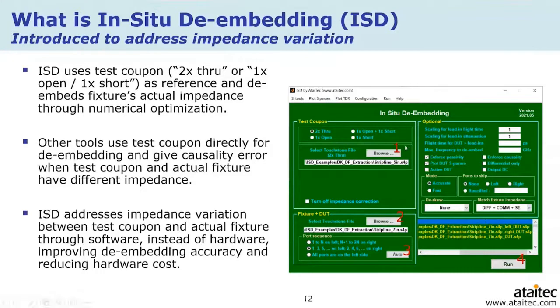The first step, you bring in the Touchstone file for your test coupon, whether the test coupon is 2x through or 1x open, 1x short, etc. The second step, you bring in the Touchstone file for the entire fixture plus DUT. The third step, you can click Auto to select the port sequence automatically.